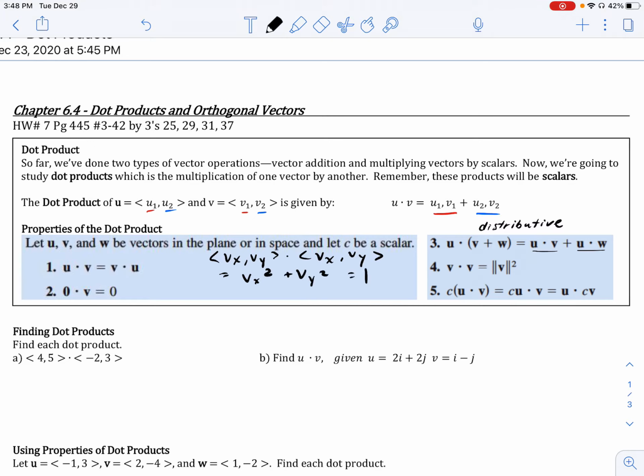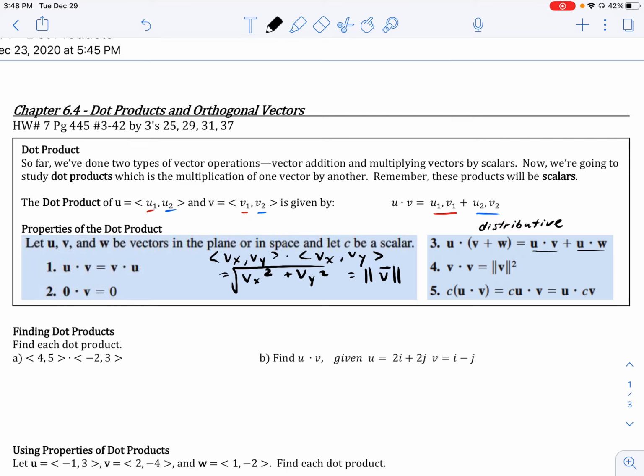And what we're saying here is that this is equal to the magnitude of vector v squared, right? Because taking the square root of this is equal to the square root of that. And what is that simply? That is just the magnitude of vector v. And that's equal to what we see there, which is a standard formula to find the magnitude using the distance formula.